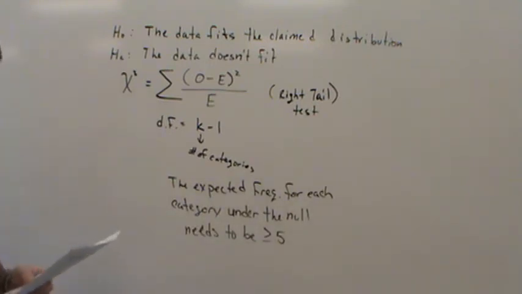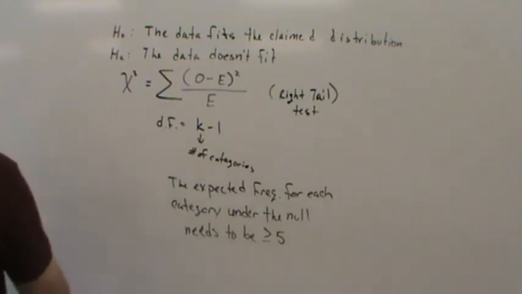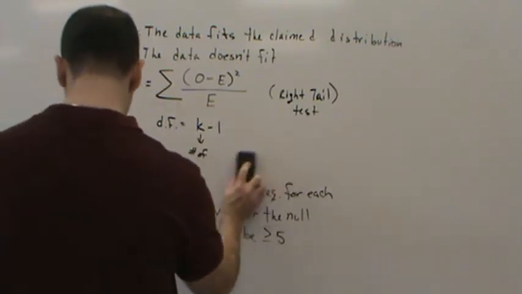Okay, so we can't do this test if any of the categories has an expected frequency of less than 5. So here's the way we would set up our hypotheses.